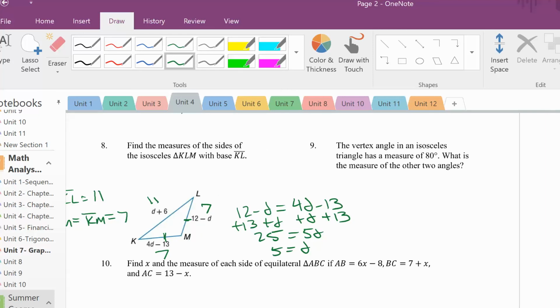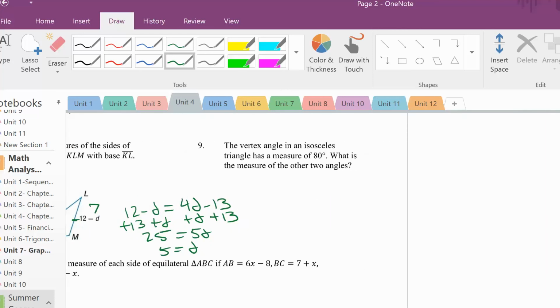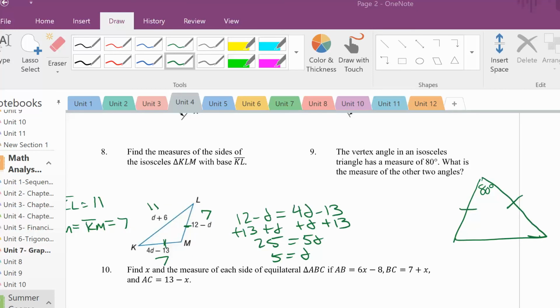The vertex angle in an isosceles triangle has a measure of 80. So the vertex angle in an isosceles triangle is the angle that's formed by the two congruent sides. So this is 80 degrees. What is the measure of the two other angles? One thing, if these two sides are congruent, then the base angles are also congruent.